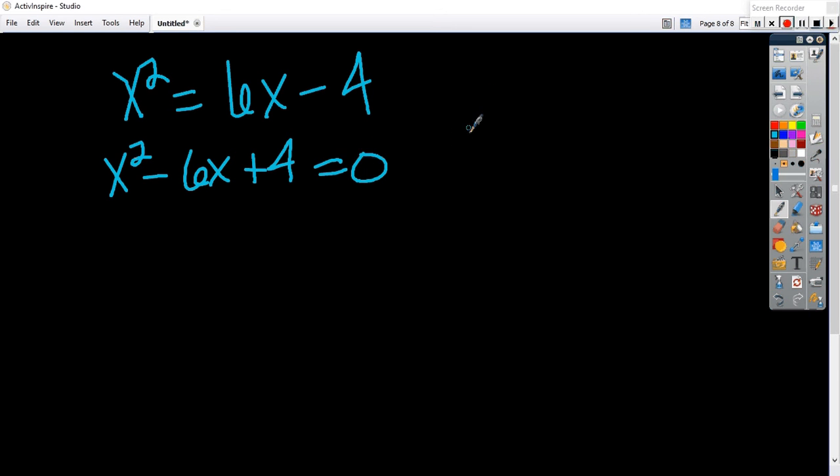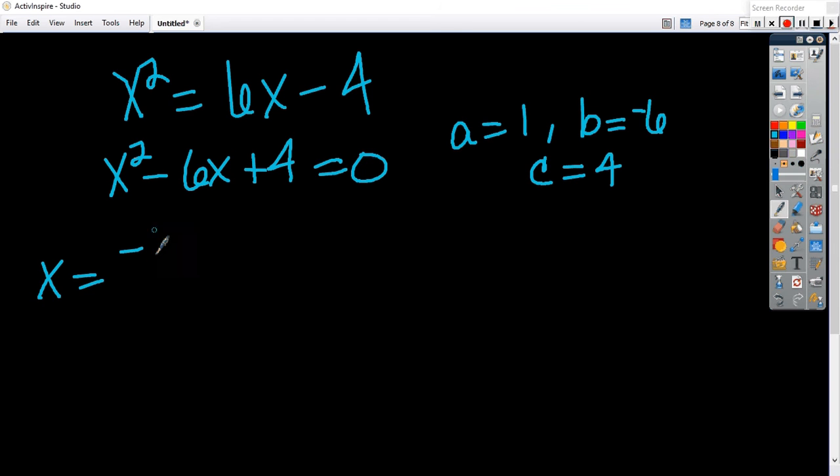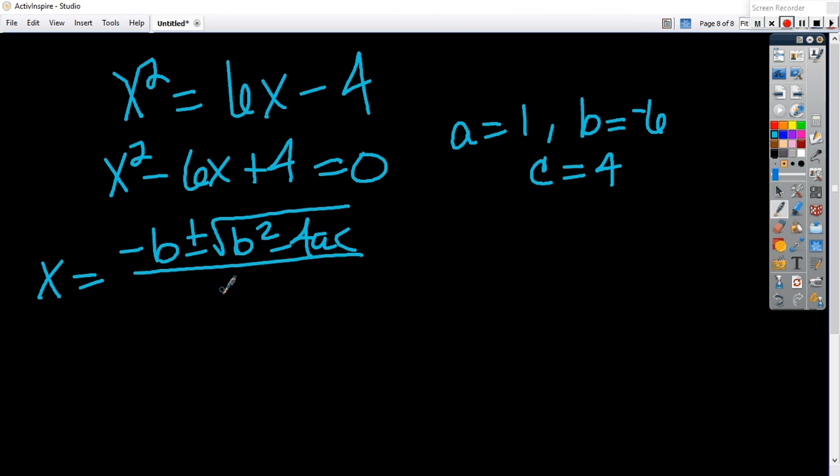So if you look at this, what is A? 1. What is B? Negative 6. What is C? 4. All right, so just copy that formula down. The x's and the squares just tell you which term it is. All right, so let's plug in what we know.